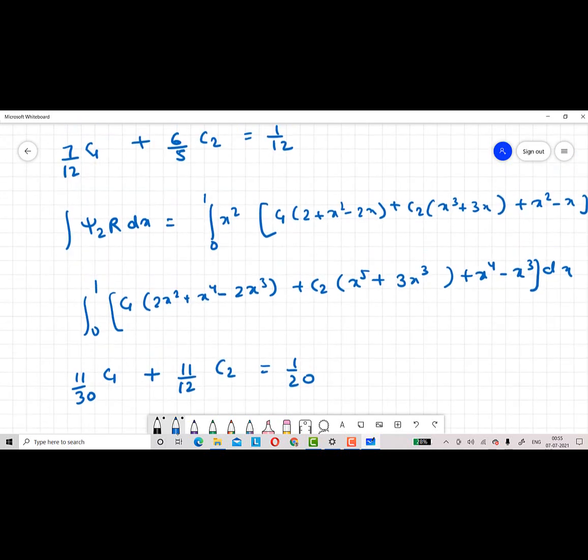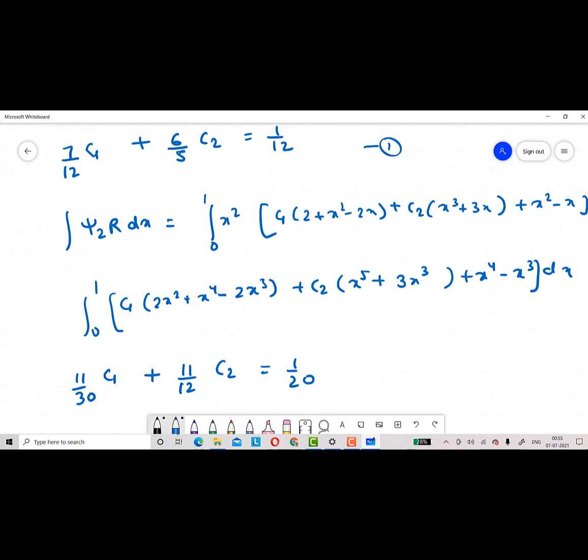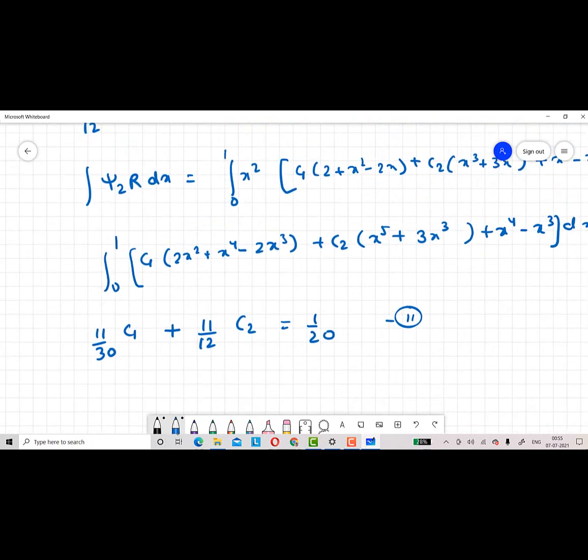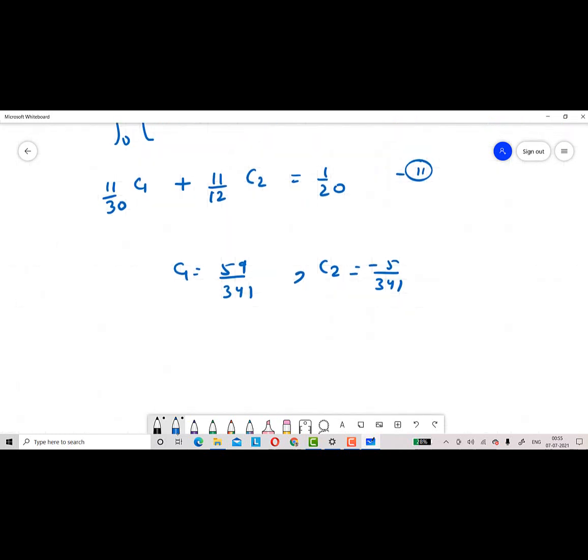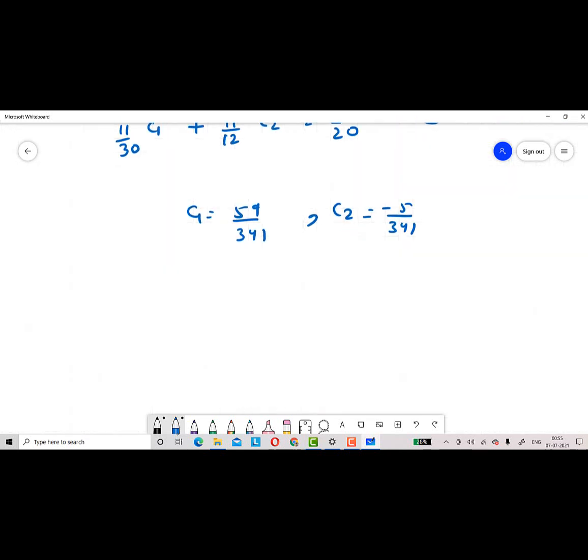So we have the first equation, then we have the second equation. On solving the first and second, we get C1 equals 59/341 and C2 equals minus 5/341. This is the answer for C1 and C2, and we know how to write the solution.